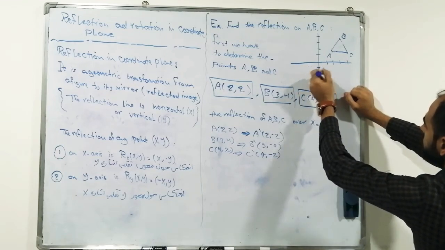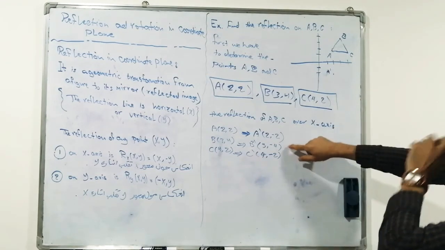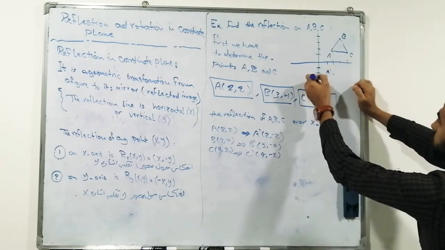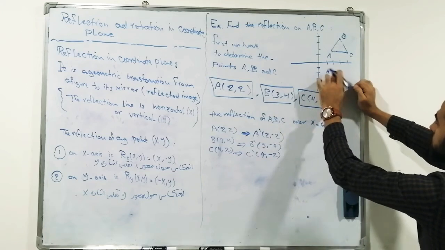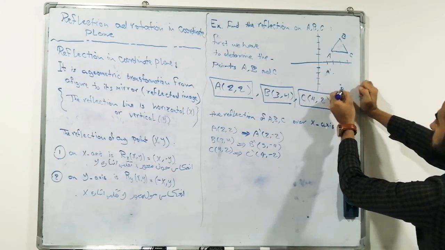Here we have 1, 2. This is the point A dash. And the other point 3 minus 4. 1, 2, 3, 4. This is the point B dash.